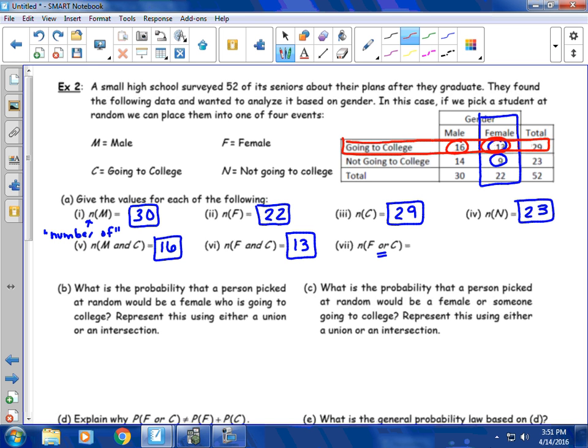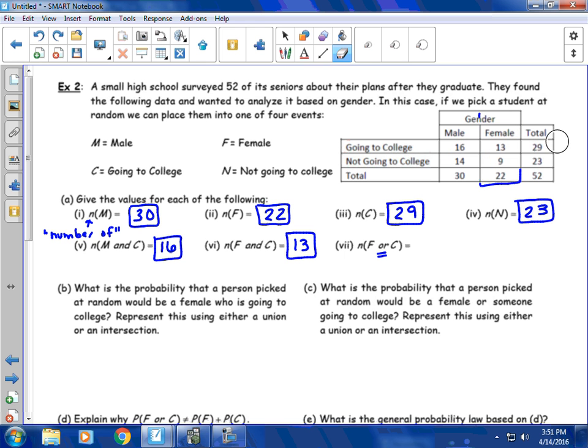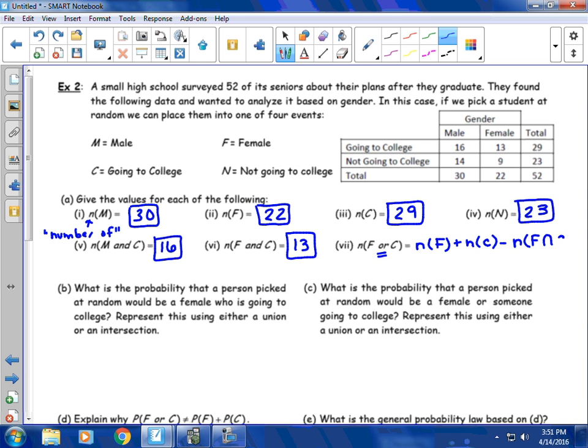So I can either just count those up, kind of like I'm counting the circles in the Venn diagram, or I could use the addition property and say number of F or C would be the number of females plus the number going to college minus the number of females who are also going to college.